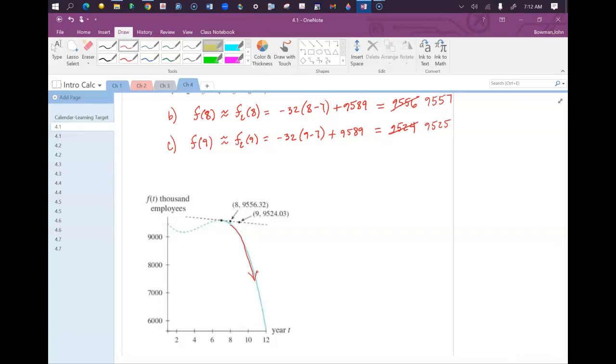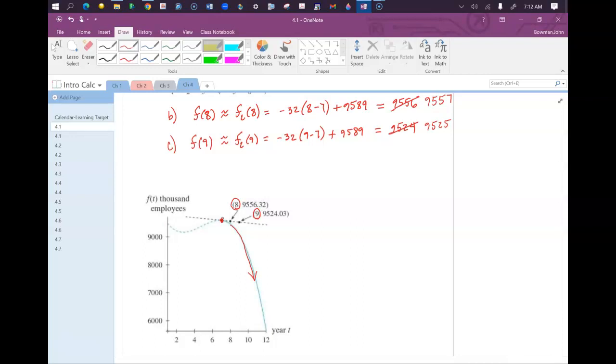So one of the things you have to do when you're making these estimates is think about how close these x values are to the point of tangency, because the farther away they get, the more off your estimates can be.